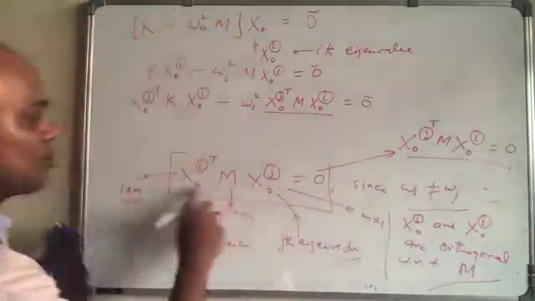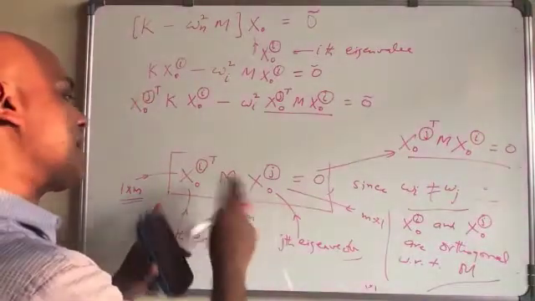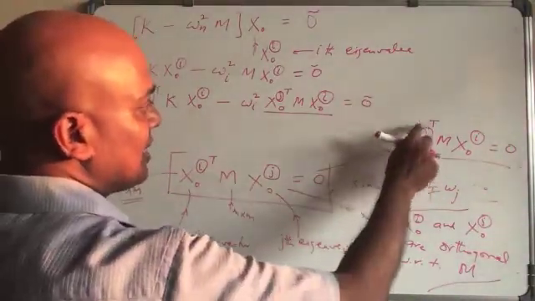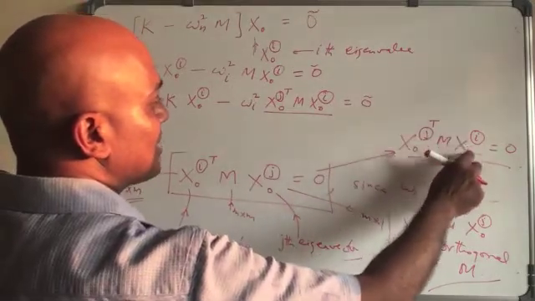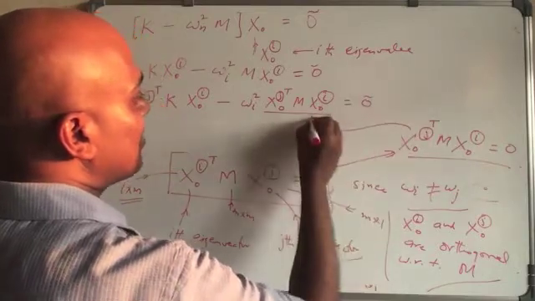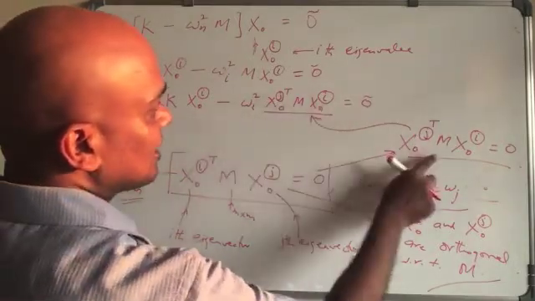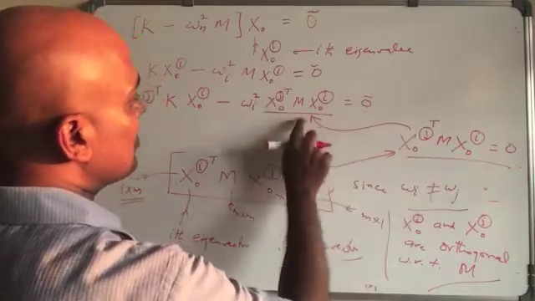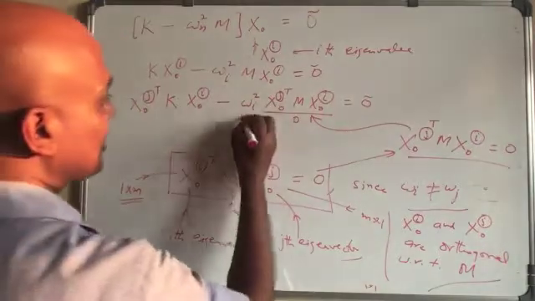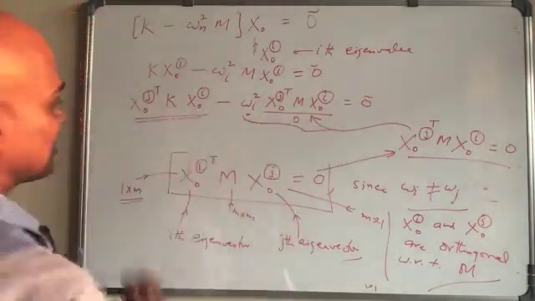By just interchanging i with j, we find that x_j transpose M x_i equals 0, and the same thing we have here. This term is 0, so the whole thing is 0, and hence this is also 0.